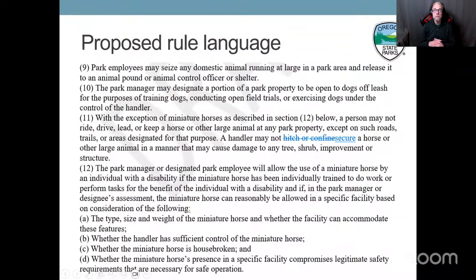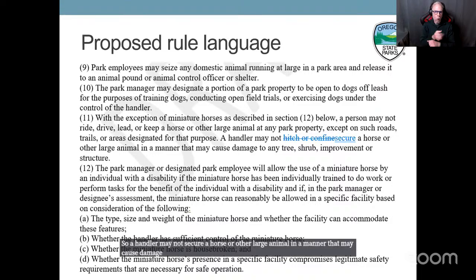This section under 11, we replaced the words hitch or confine with the word secure. So a handler may not secure a horse or other large animal in a manner that may cause damage to any tree, shrub, improvement, or structure.